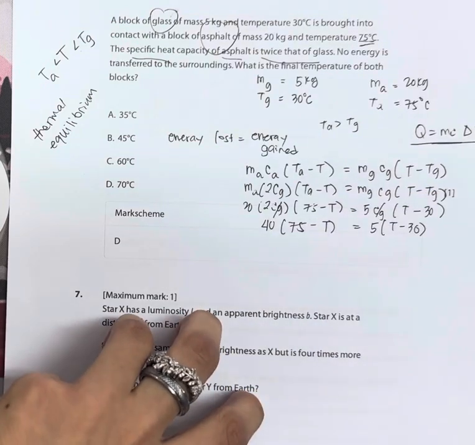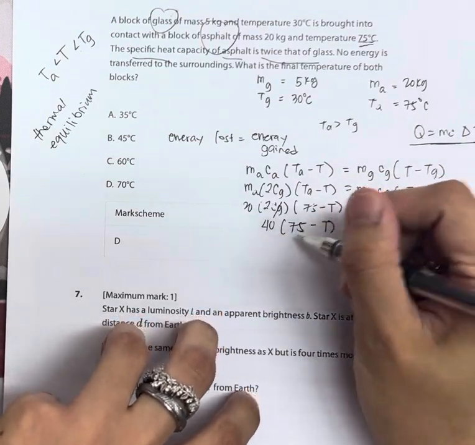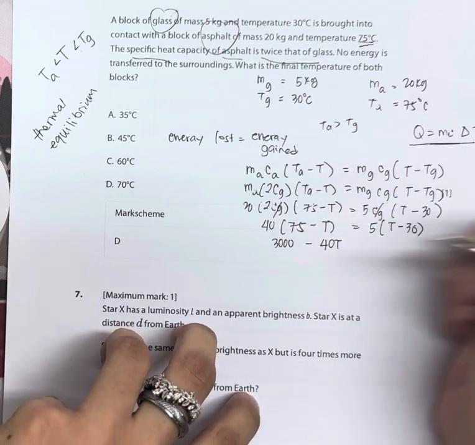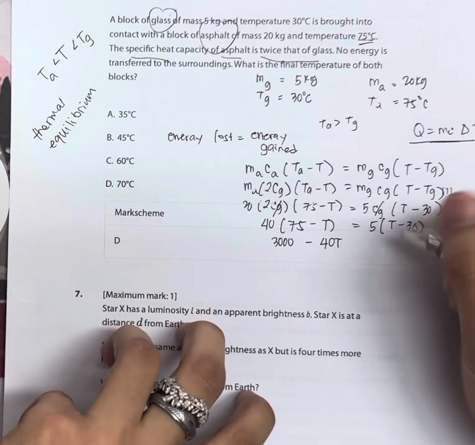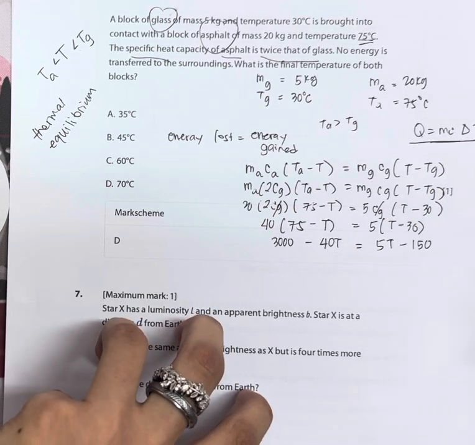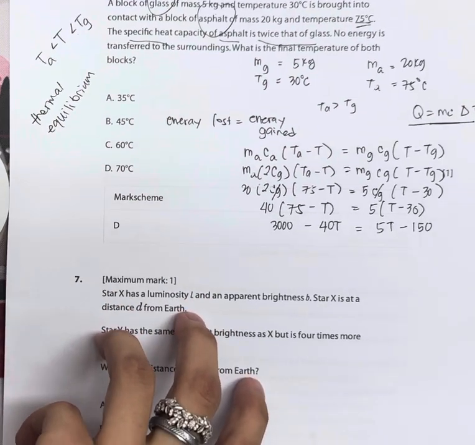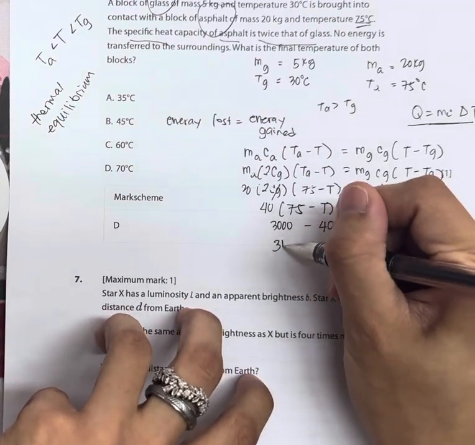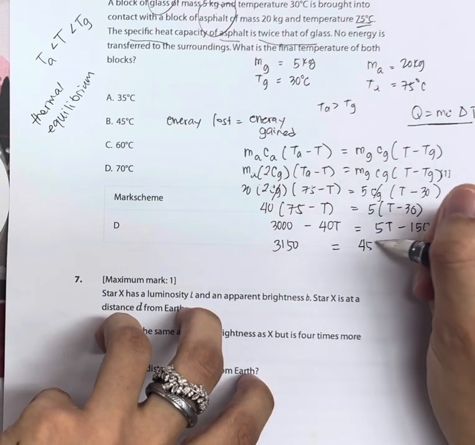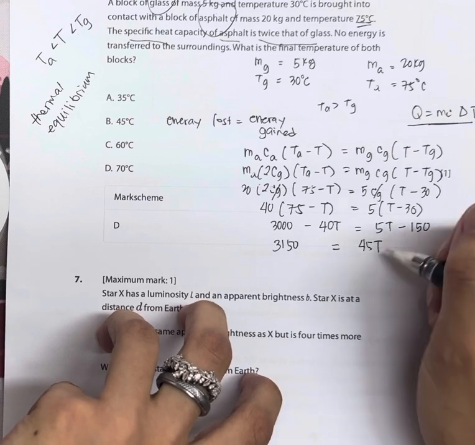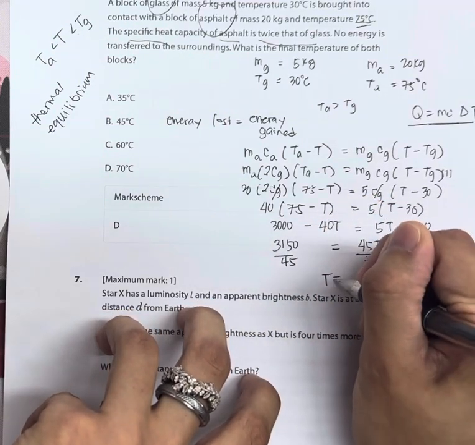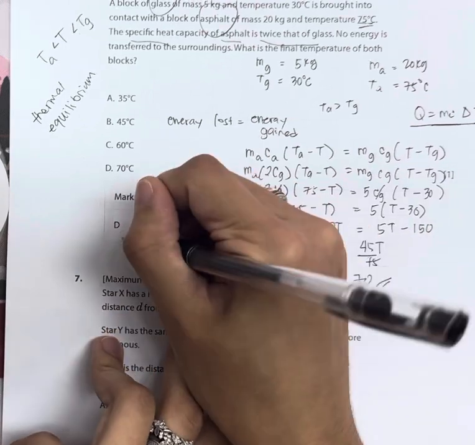So 40 times 75 is 3,000, minus 40t, this is the distributive property. This is 5t minus 150, and then move things around. So this is going to be 150 equals 45t, and if I divide both sides by 45, my t should equal 70, and there we go.